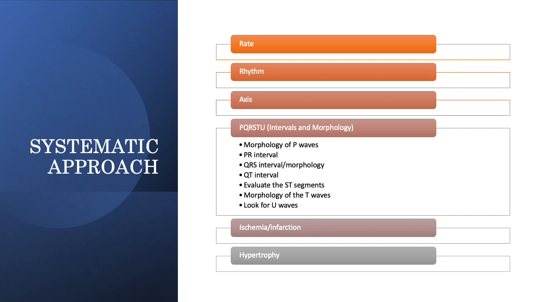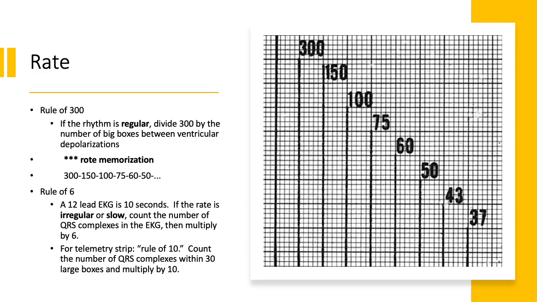I will talk about them as a separate topic, but often when I'm looking at the morphology of the QRS complex, looking for pathologic Q waves, looking at the ST segments, I'm doing all of those things together, but that's also because I am practiced at it, and so that's become part of my process. And the last thing that we look at is to see whether or not there's any evidence of hypertrophy, right ventricular hypertrophy or left ventricular hypertrophy.